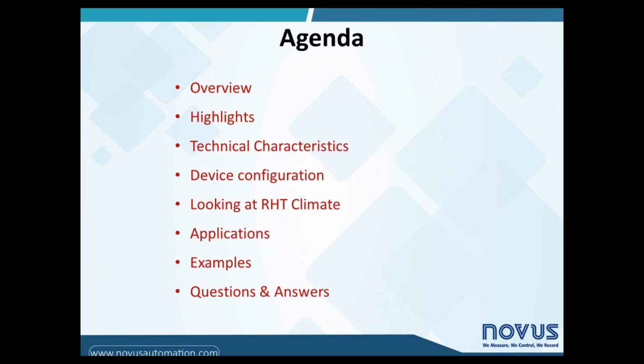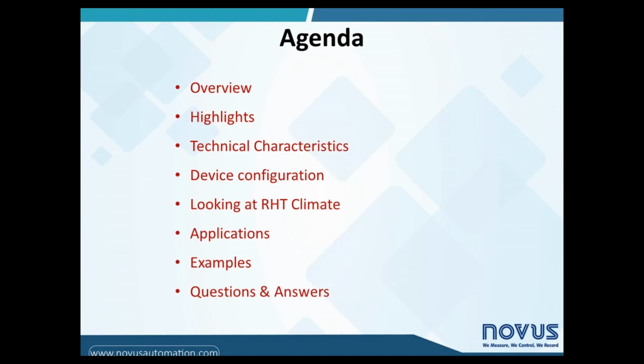First of all, just to put into context, this is our agenda. We'll make an overview about condensing and frost and how to improve it with RHT Climate. We will also talk about its highlights as a product. Then we are going to show its technical characteristics, the features.